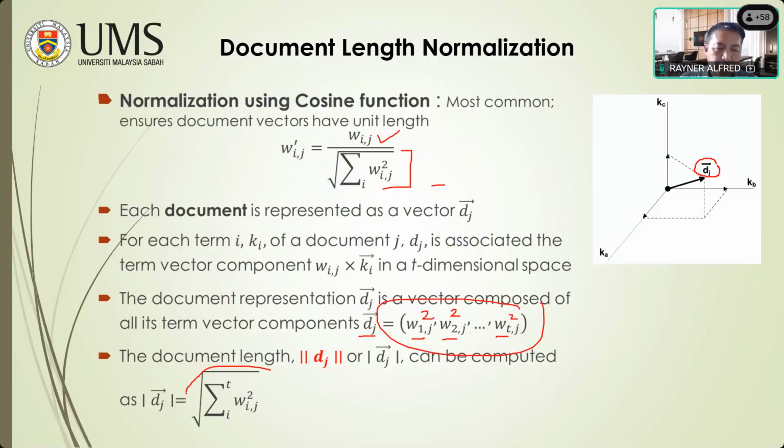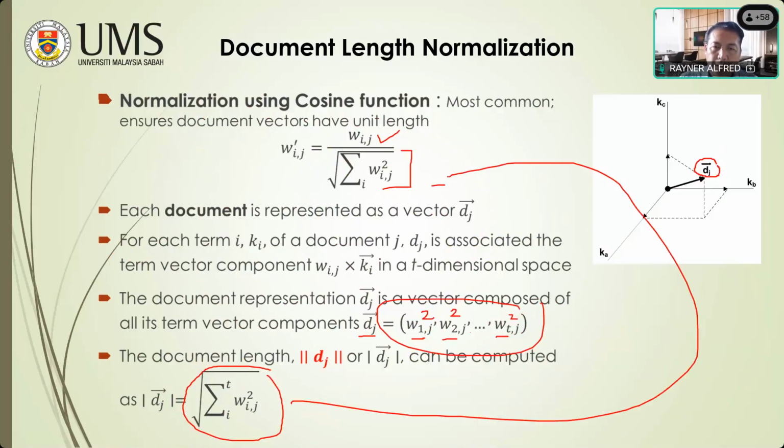This is the formula that we have, similar to here. So for each weight in the document, we divide it by the length of the document.